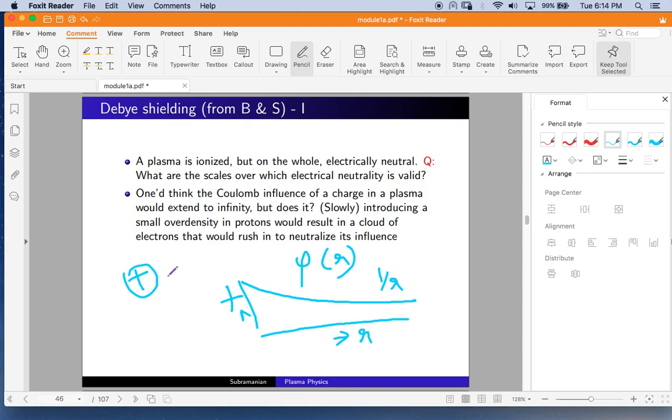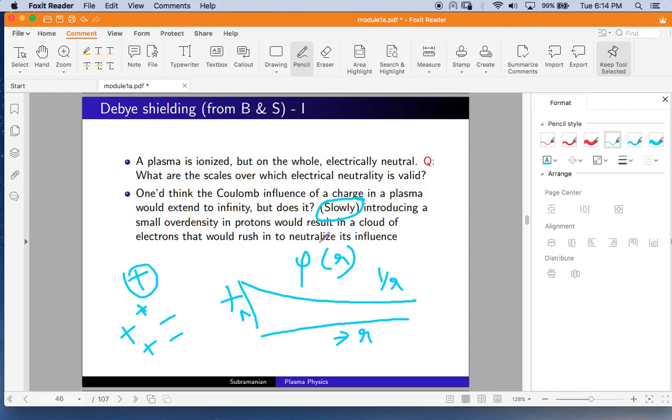Okay, so think of taking an electrically neutral plasma, and slowly, and I emphasize slowly, slowly is very important, introducing a small overdensity of protons. You have protons and electrons, lots of protons, lots of electrons. Now you slowly introduce a small overdensity of protons, slow enough such that the electrostatic approximation is valid.